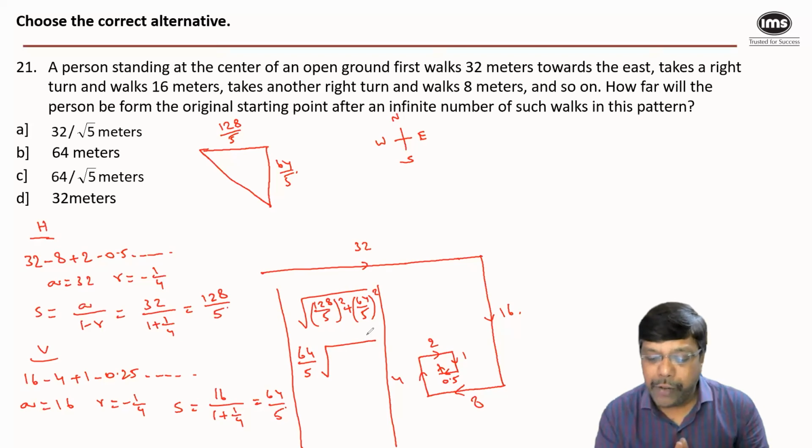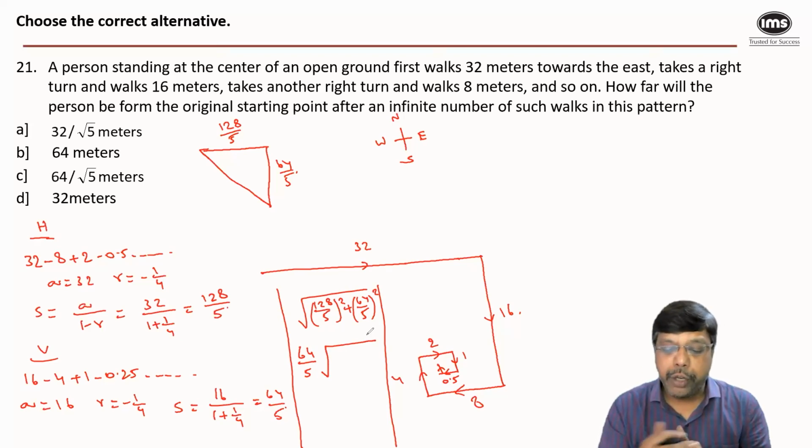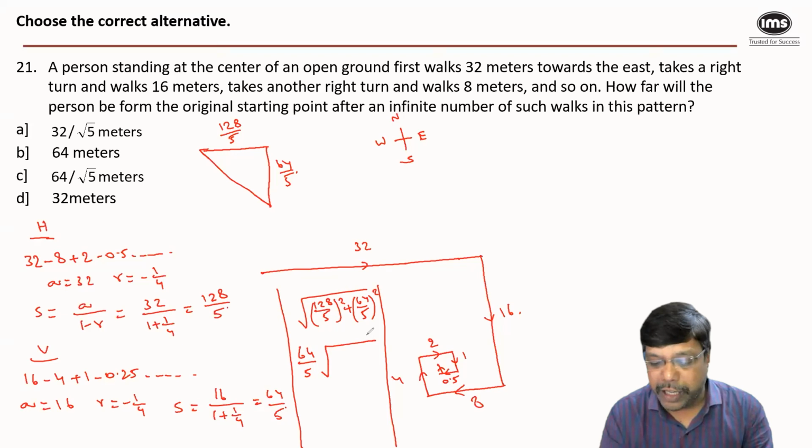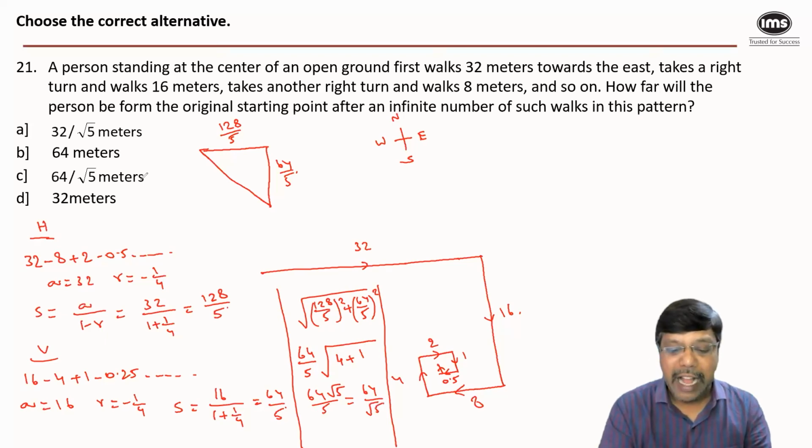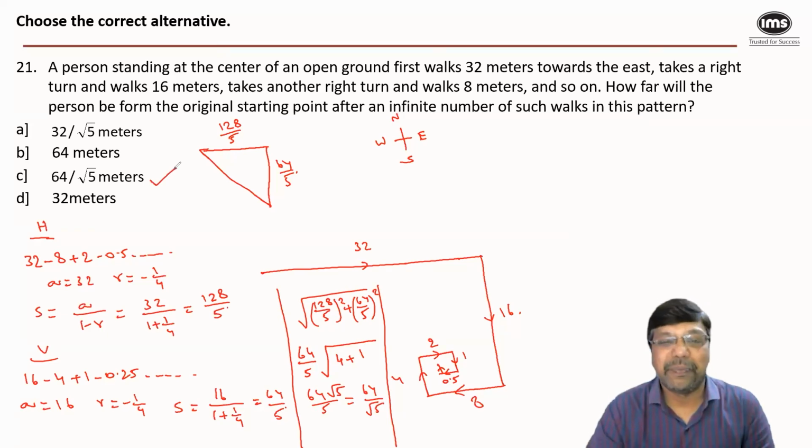Now, 128 can be written as 64 into 2. So there's a 2 square over there. So 4 plus 1, 5. So it is 64 into root 5 by 5, or the same can be written as 64 by root 5. Answer option C.